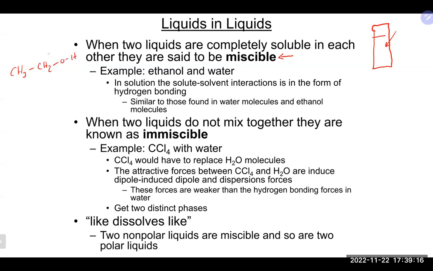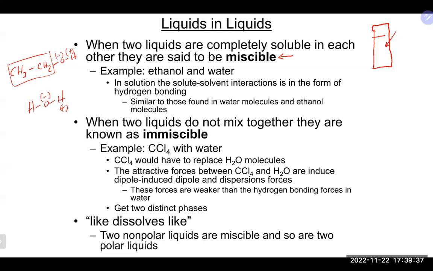Ethanol has this nonpolar part, and it has this polar part, this OH group, which is the identical group that you have in water, as water is nothing but OHs, basically. And water, which is polar, is more negative on the oxygen side, more positive on the hydrogen side.